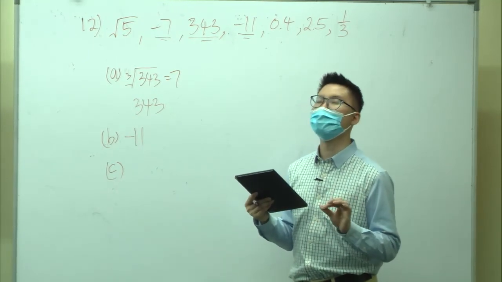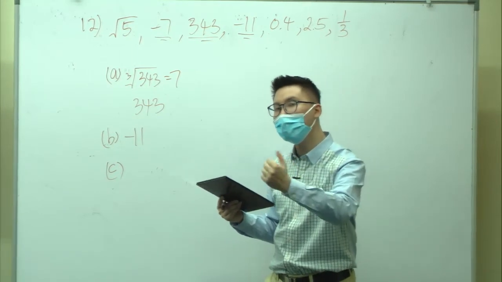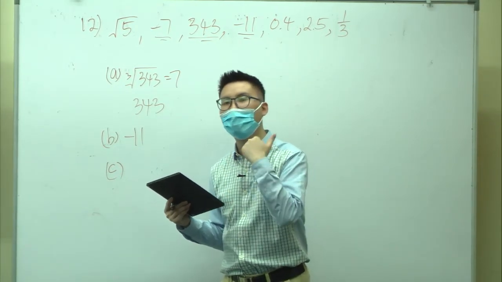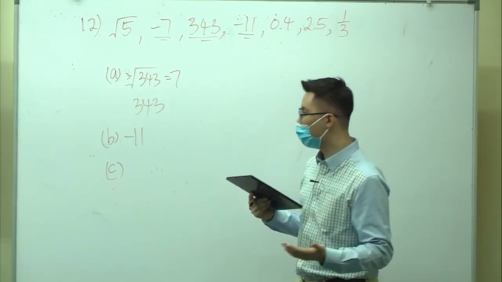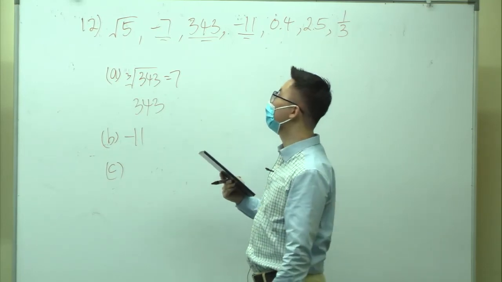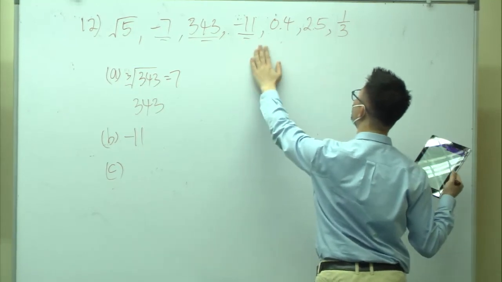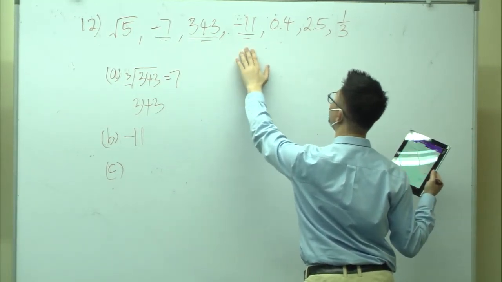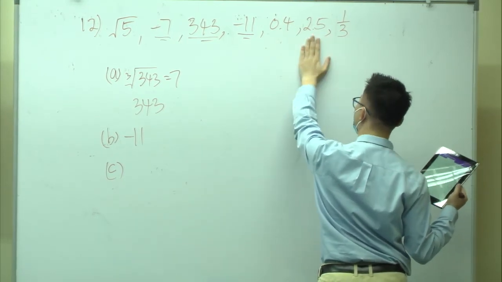Natural number we also call a counting number. We always count from 1, we don't count from 0. 1, 2, 3, 4, 5, right? So a natural number, we count from 1 and it must be a whole number. So all these negative numbers will be eliminated. This is not a whole number, eliminated.